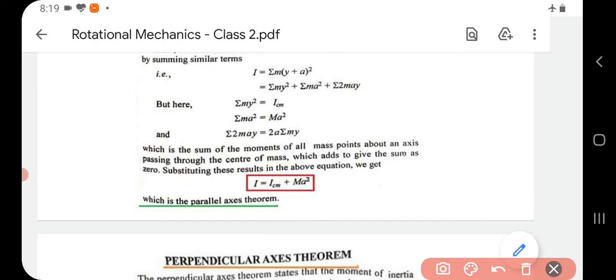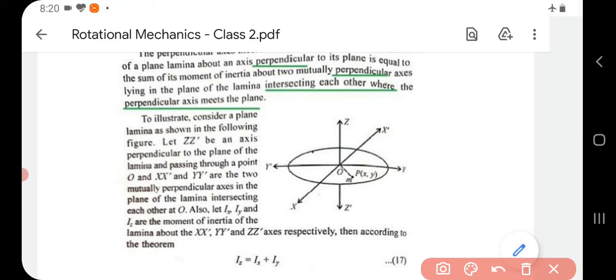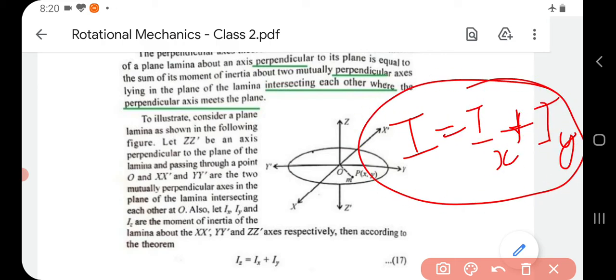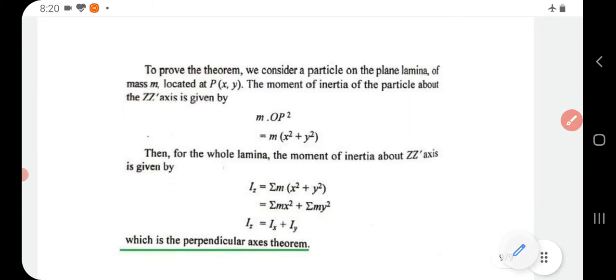Next is perpendicular axis theorem. It states that moment of inertia of a plane lamina about an axis perpendicular to its plane is equal to the sum of its moment of inertia about two mutually perpendicular axes lying in the plane of lamina intersecting each other, where the perpendicular axis meets the plane. That is, Iz equal to Ix plus Iy.